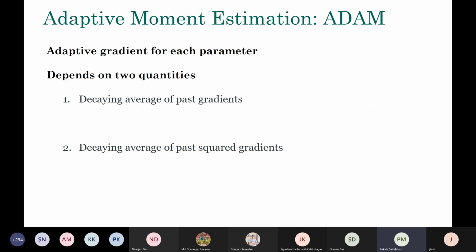What we do is use two quantities: a decaying average of past gradients and a decaying average of past squared gradients. Let me show you the expression and then I will explain.